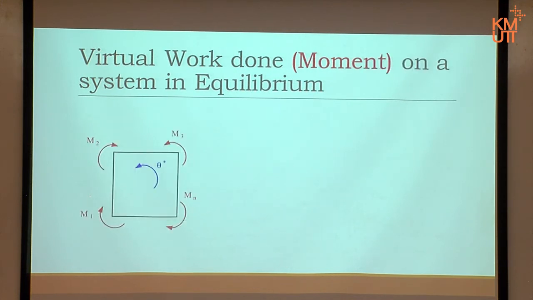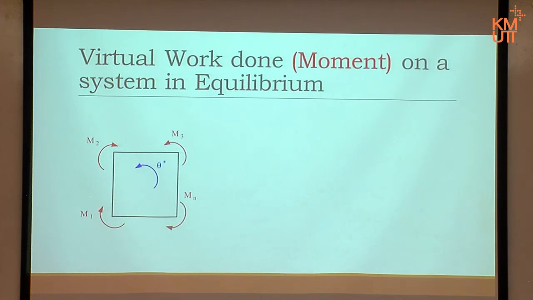What about if it's a moment? Again, a similar situation, a body having so many moments applied on it: M1, M2, M3, and so on until Mn, right? Then the body rotates a certain amount, theta. In this case, again, it's imaginary work, so it is theta star.